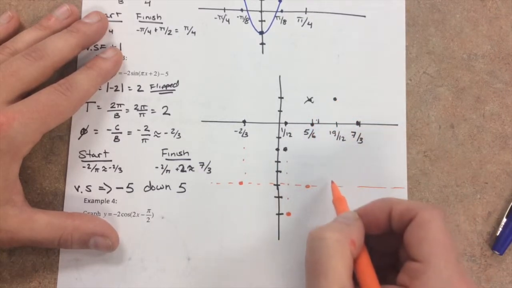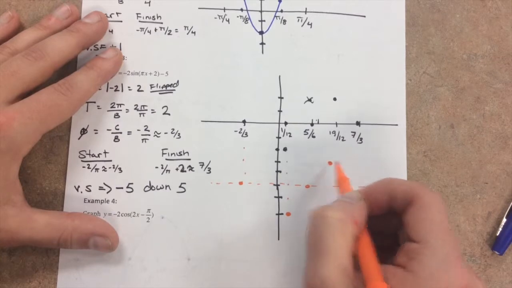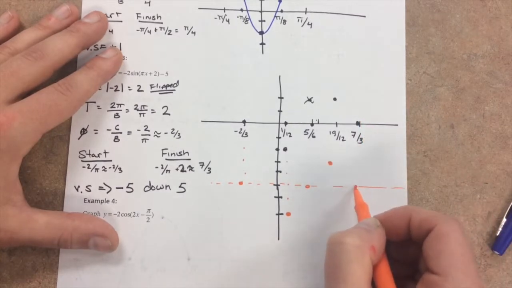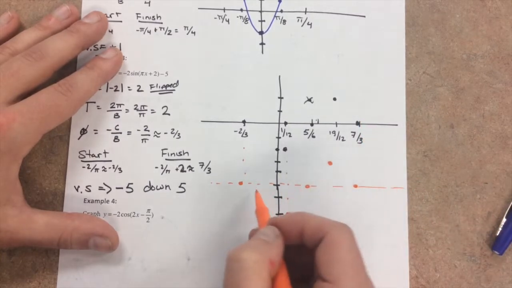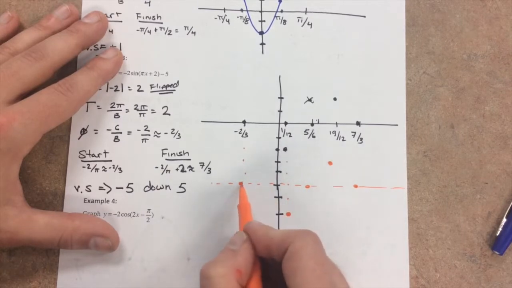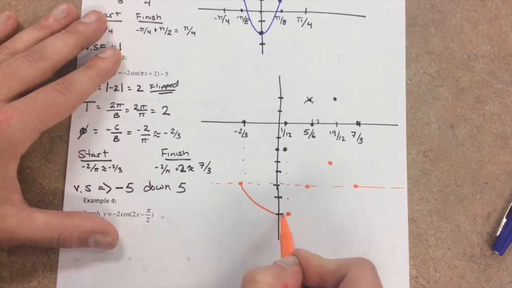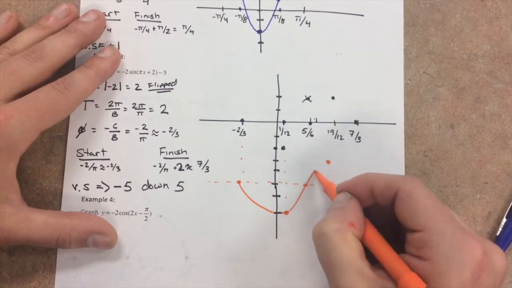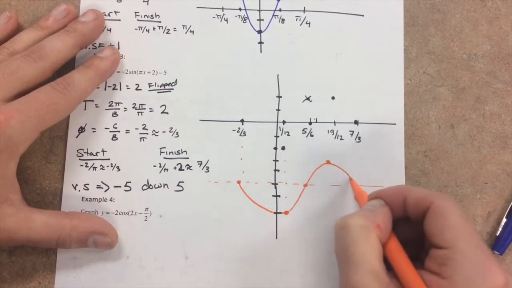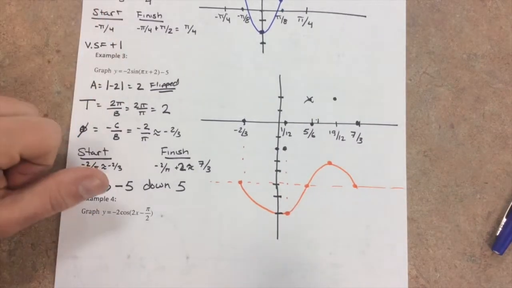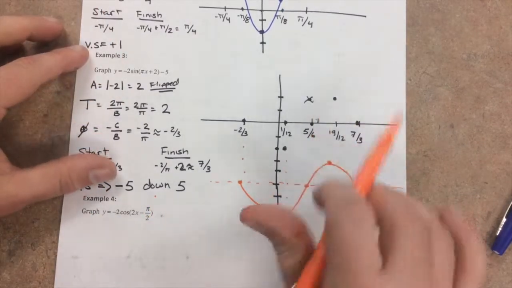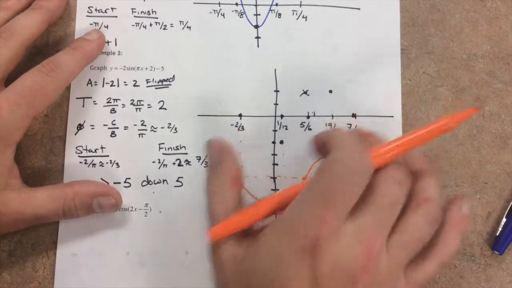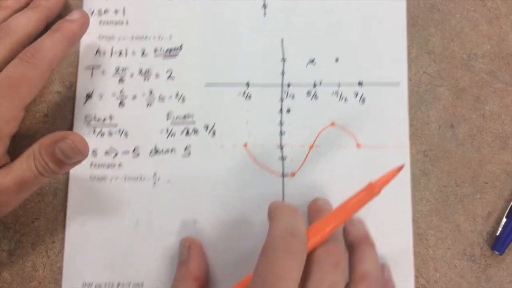At 19/6, it would be here. And at 17/3, we'd be back here. So with my flipped, shifted down sine graph, a little bit out of scale, it looks something like this. This is our vertical shift, which causes everything to move down, and then our phase shift.